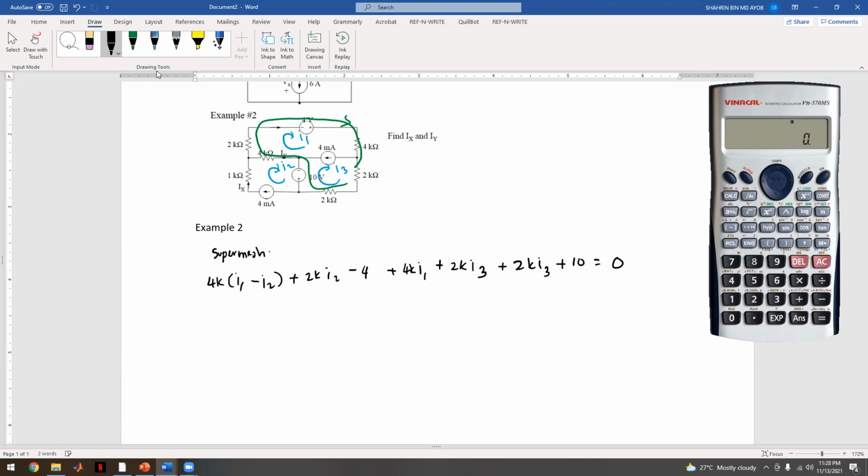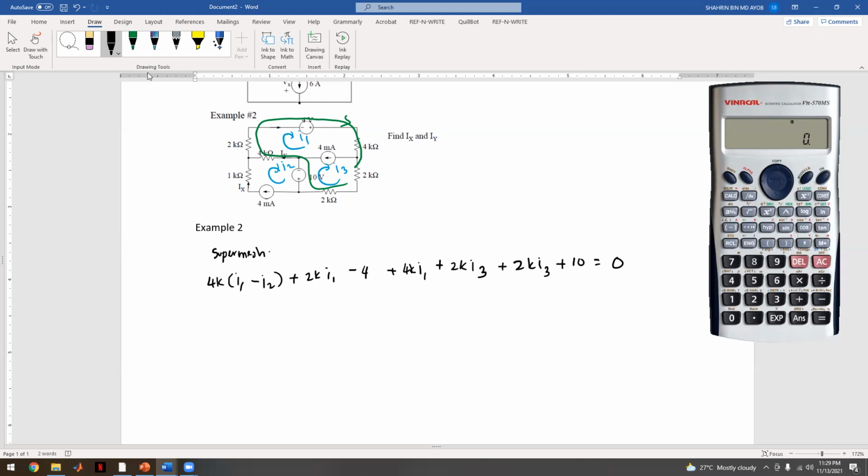So this is your super mesh equation. Just check again: 4K (I1 minus I2), and then 2K I1, and then 4K I1, 2K I3 plus 2K I3 equal to 0.